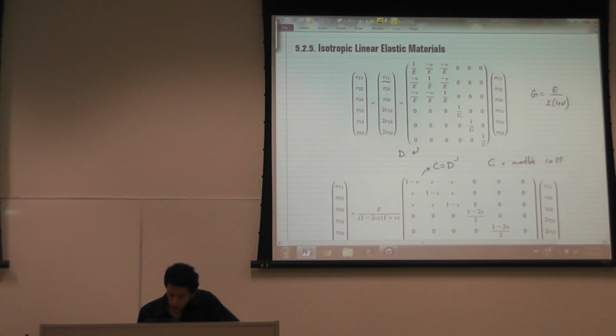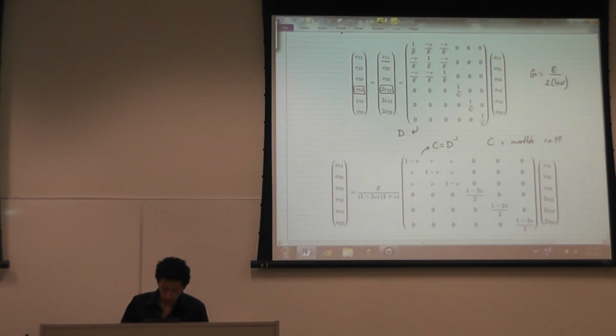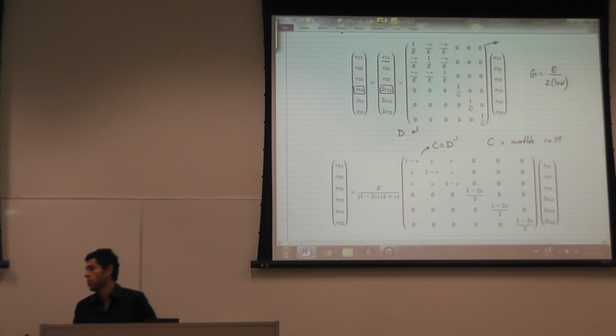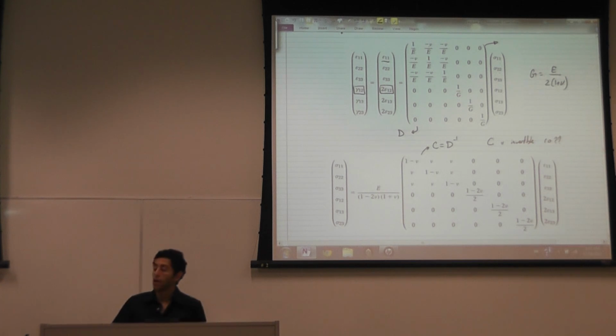Don't forget, in this relationship, we're using gamma on 2 or 2 epsilon on 2. This matrix is inverted. Now, this is a 6 by 6 matrix that is inverted.